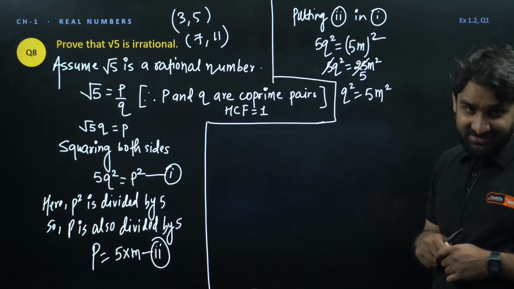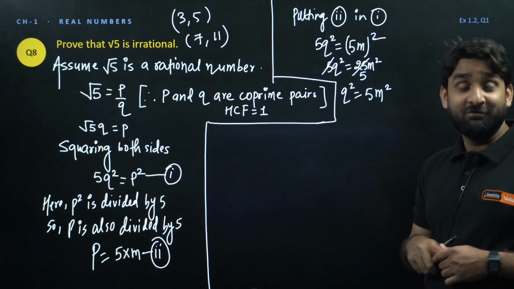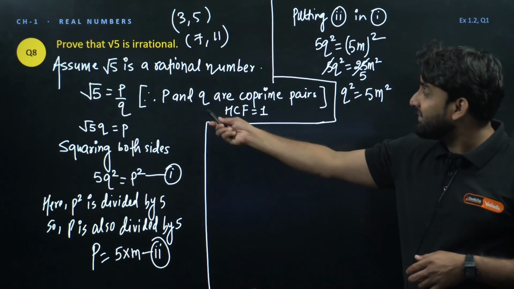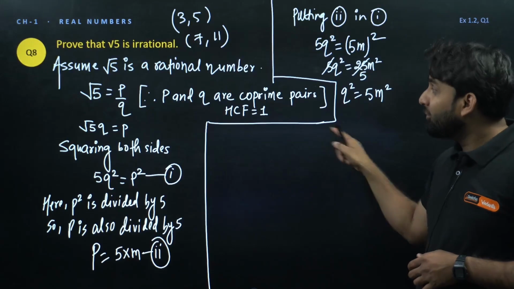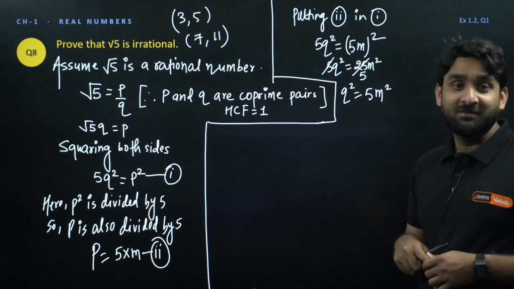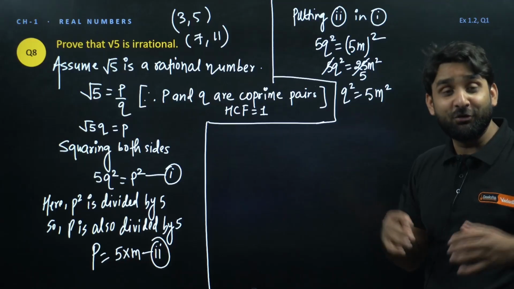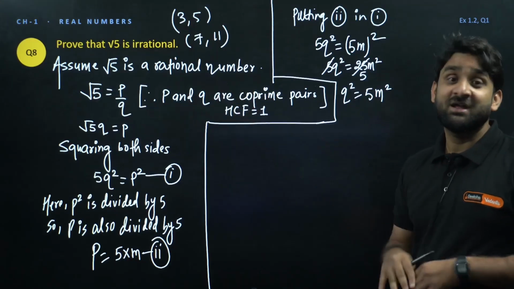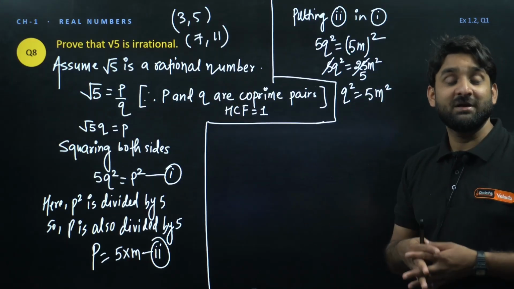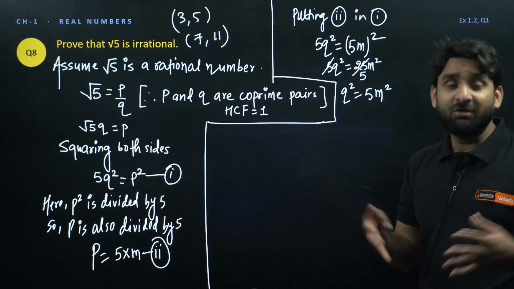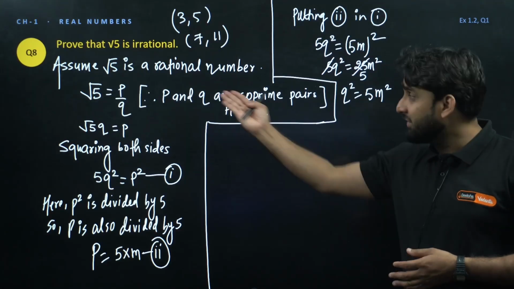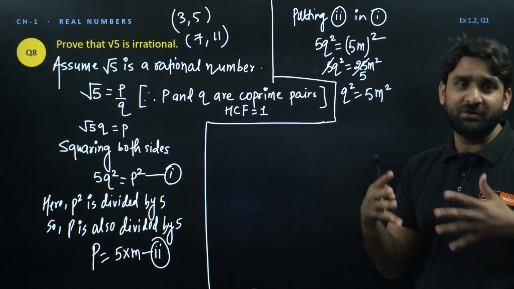So it implies that P and Q have one more factor. And what was our assumption? They both are co-prime. But what are we getting? We are getting that P and Q are having one more factor. It means our assumption has become wrong. Our assumption has become contradictory. It is a contradiction because our assumption and what we are getting are not synchronizing.